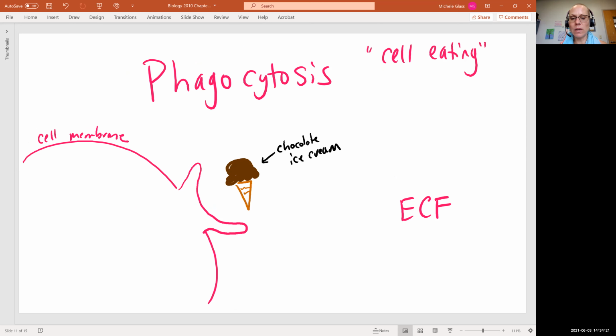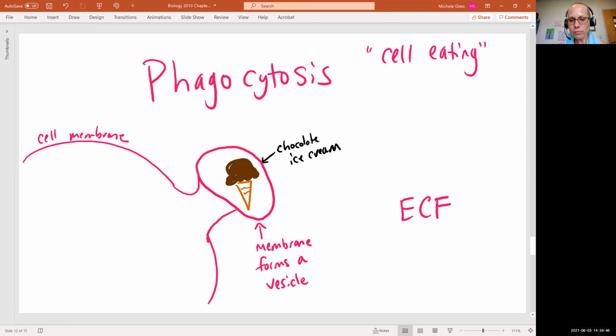The opposite of this is happening in the case of phagocytosis, which would be like cell eating, remember? So here that cell membrane is going to pinch around, and here just for fun, it's pinching around a chocolate ice cream cone because, I mean, why not? I'm sure my cells really like chocolate ice cream.